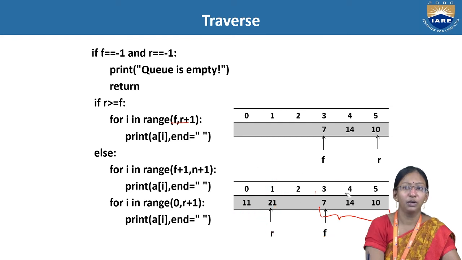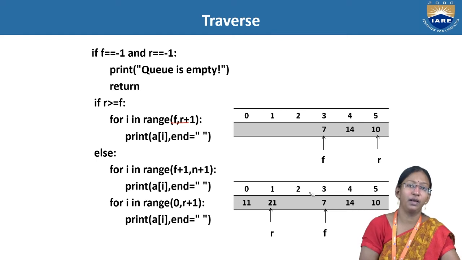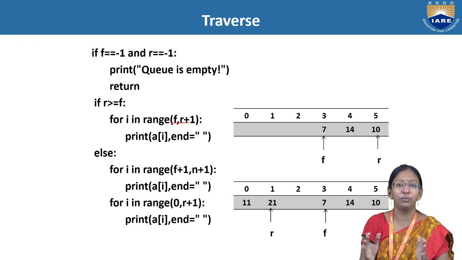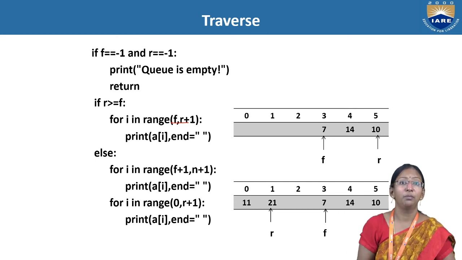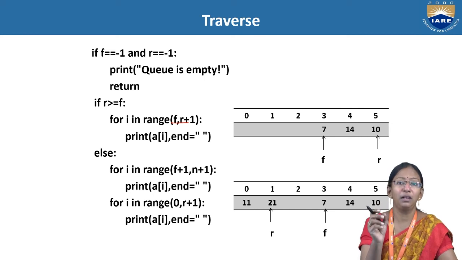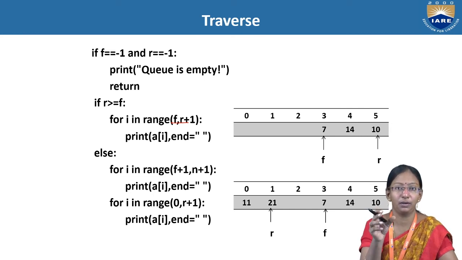So in a linear queue, from front to rear, job done. All the contents will be between front pointer and rear pointer. But here, in the first case, as you can see, from front to rear, your list may look like a split one, right?